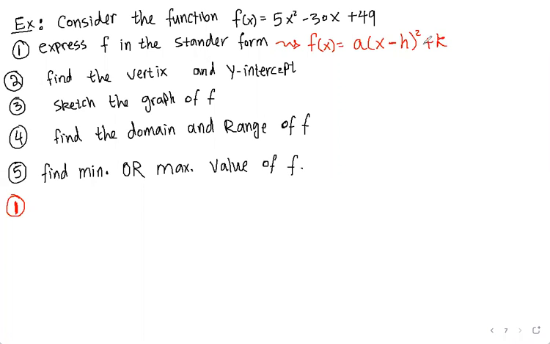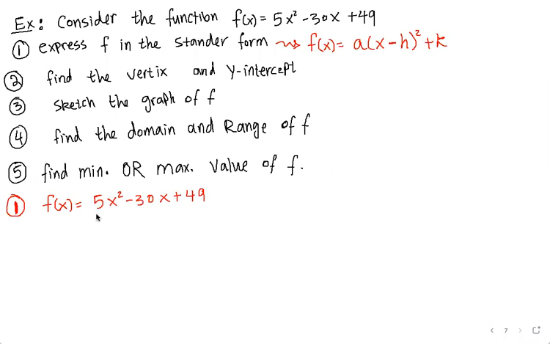How can I write this in standard form? I'm going step by step. First, you write the function f of x equal 5x squared minus 30x plus 49.